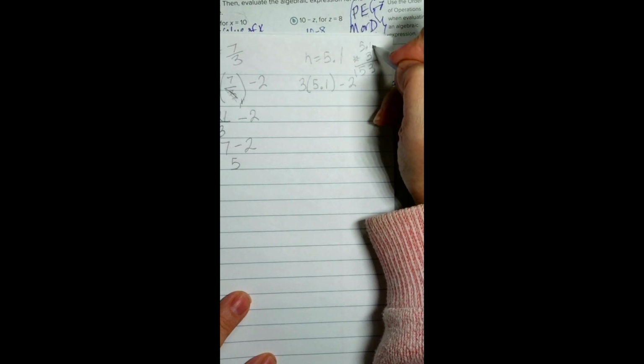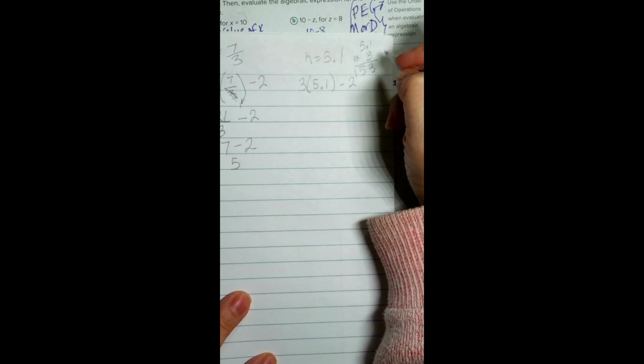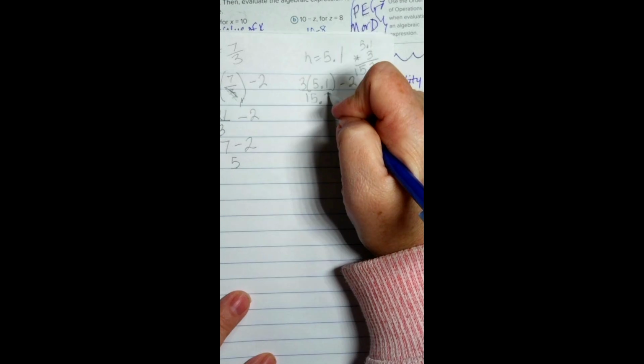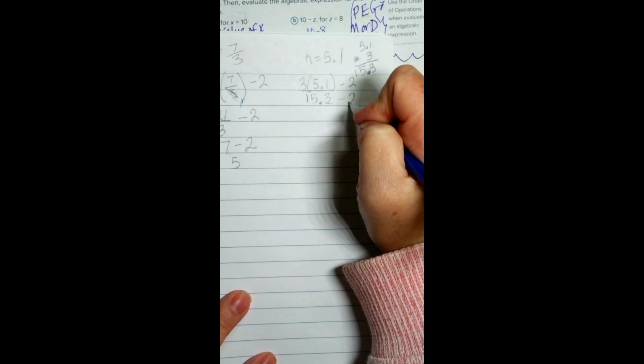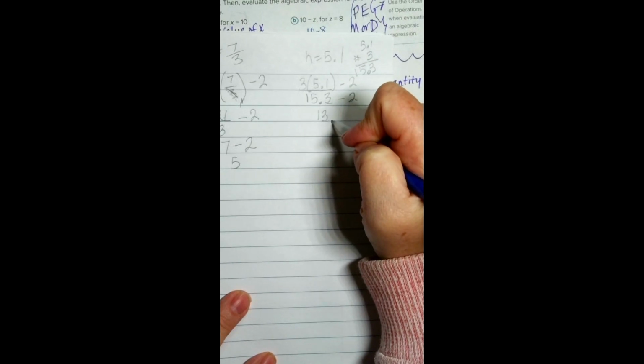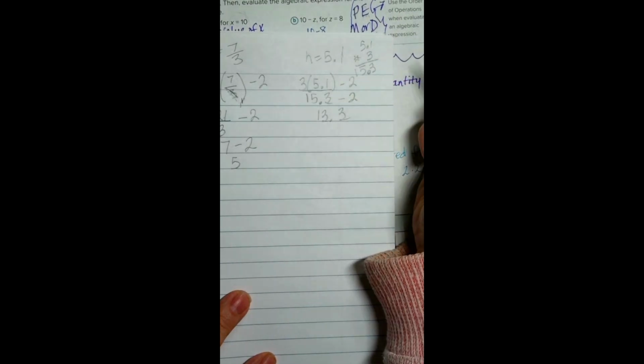We have a number in the tenths place, so our final answer has a tenths place. You can also think of it as one number after the decimal, no numbers after the decimal, a total of one number after the decimal. So this right here becomes 15 and 3/10 minus 2, in which we would then get 13 and 3/10 as our final answer.